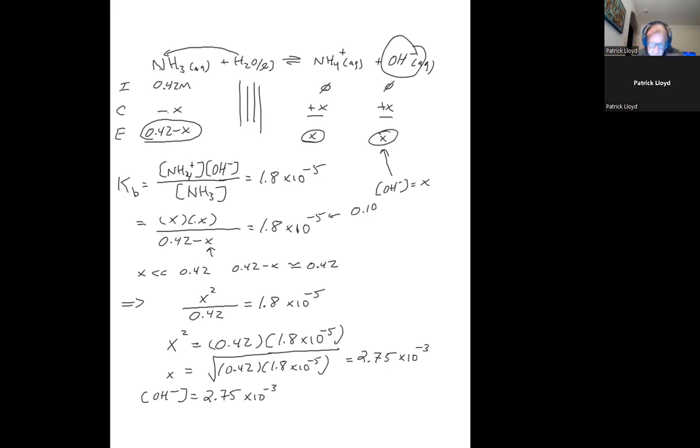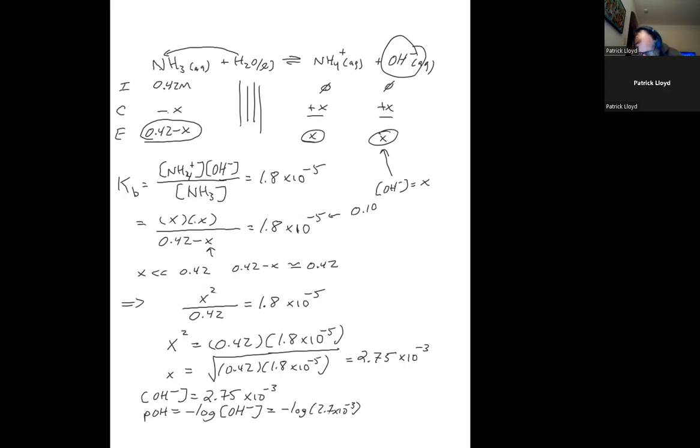Now we can't calculate the pH directly because this is not the hydronium concentration, it's the hydroxide concentration. So let's figure out what pOH is. Remember, pOH is minus the log of the hydroxide concentration. So that would be minus the log of 2.7 times 10 to the minus 3.